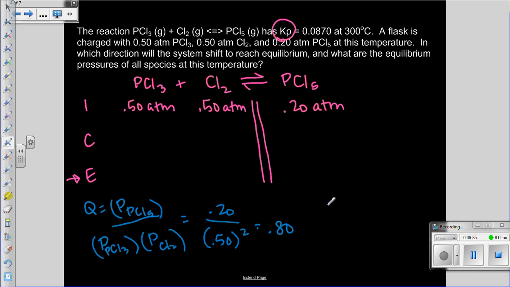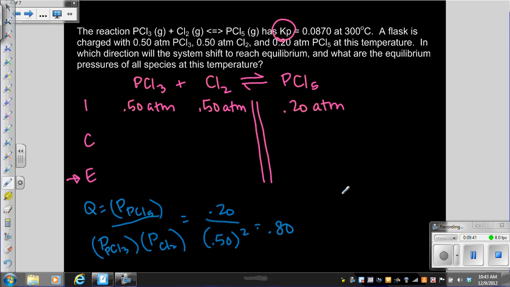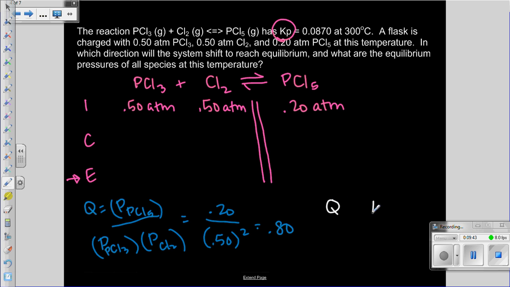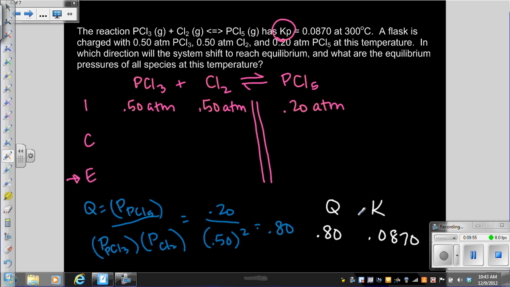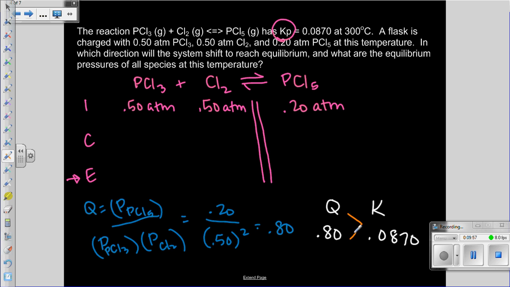Okay, so now we are going to compare Q and K. Q is 0.80. K was given up here. It's 0.0870. So looking at those two, I see that K is much less than Q. What that tells me is that because Q is greater than K, I have more products.